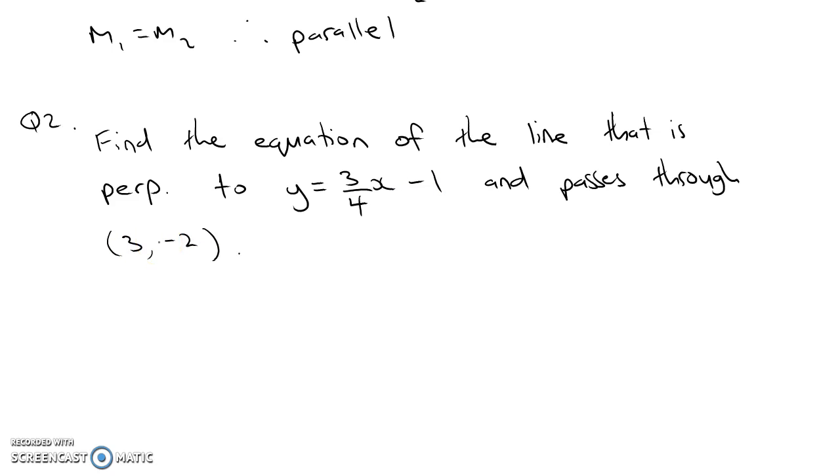So we'll first write out the gradient intercept rule, y equals mx plus c. If we've got a gradient of, let's call m1, the gradient of m1 we know is 3 over 4.